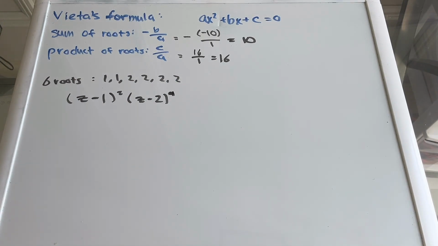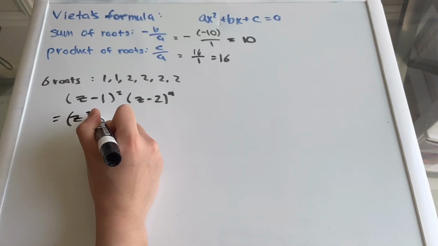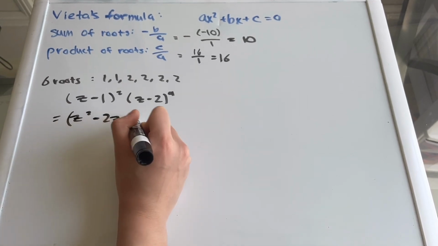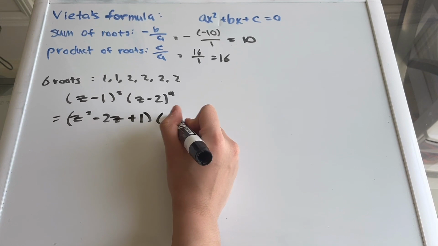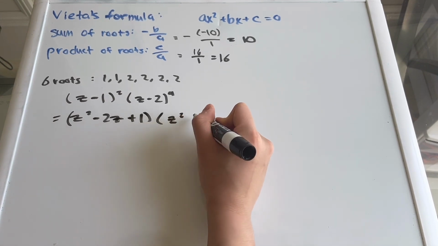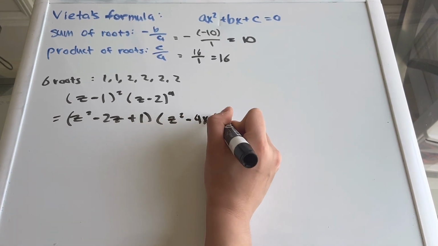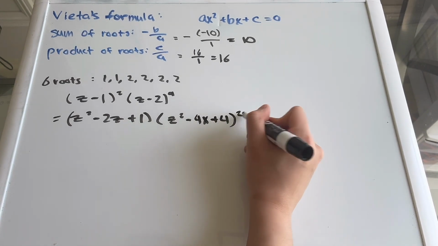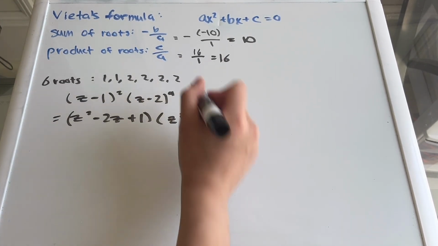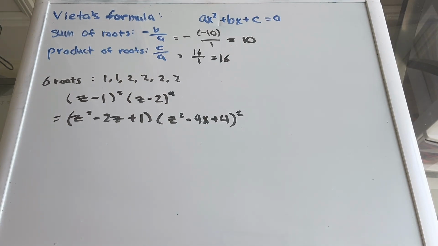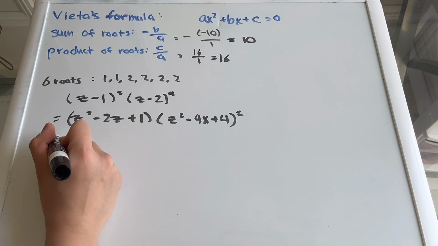Now this simplifies down to z squared minus 2z plus 1, and then this will be z squared minus 4z plus 4 squared, because I did it as 2 to the 2nd power, since if it is raised to a certain power, you can multiply it and it will be the same. Now we can simplify that even more.